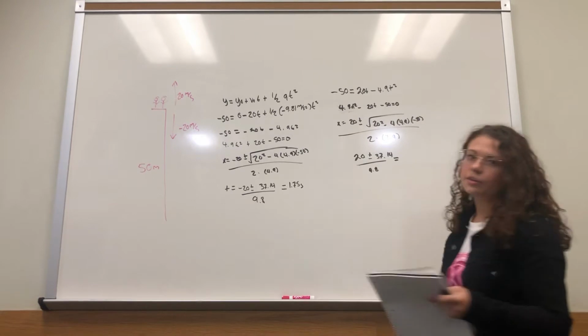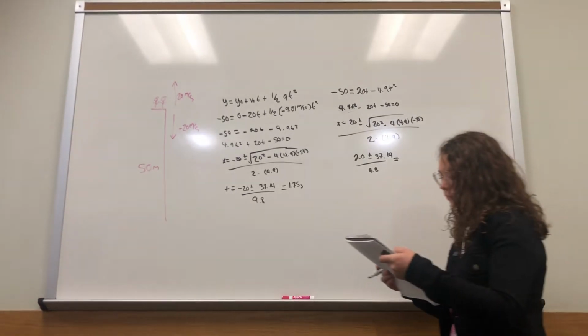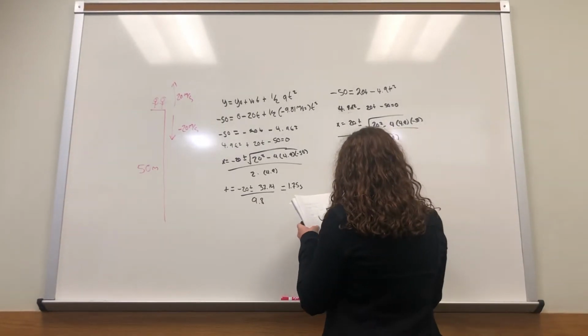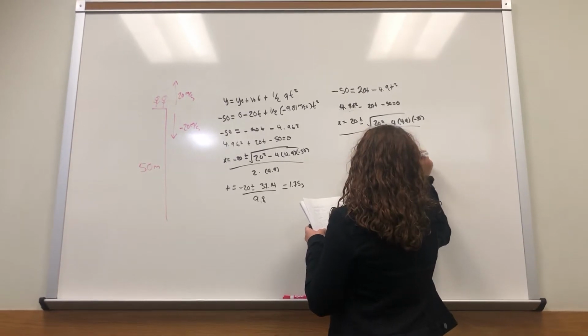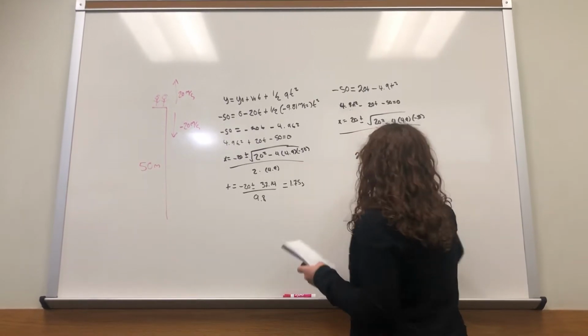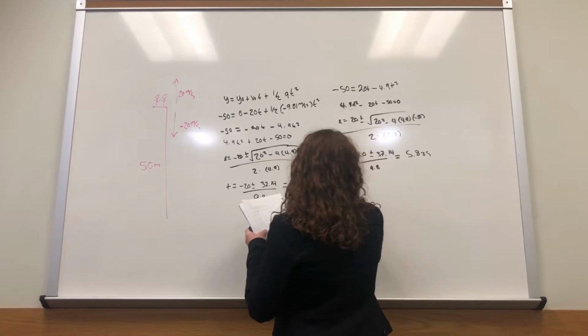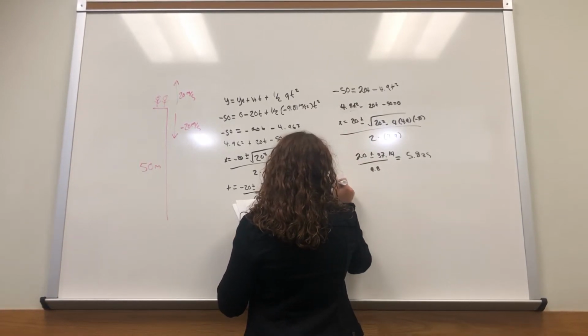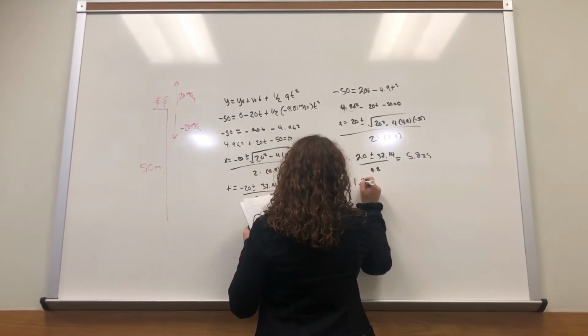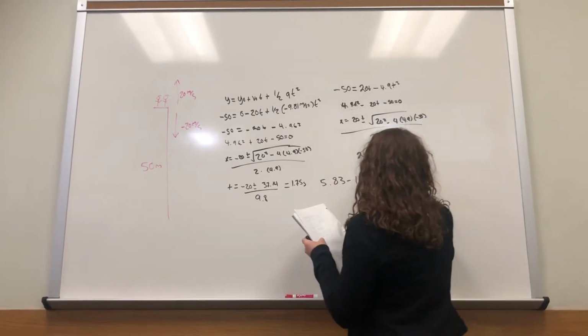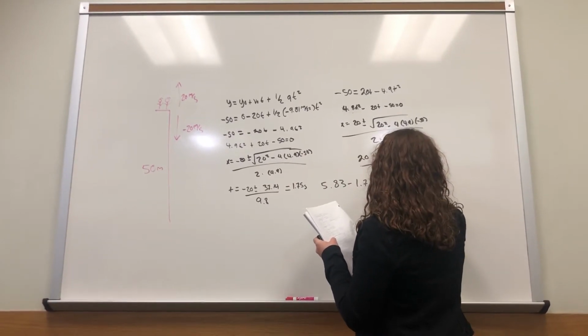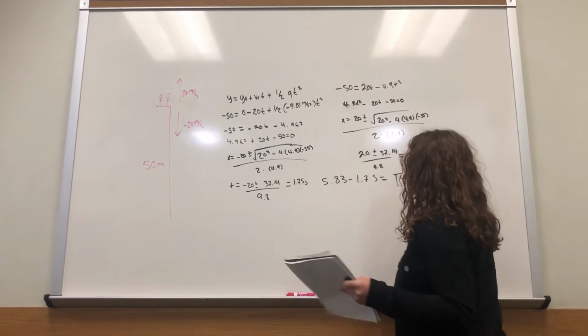And again, one of these values is negative and we won't use that one. So we get the time for this one is 5.83 seconds. And then it's asking for the time elapsed, so we need to subtract these. So we get 5.83 minus 1.75, and the time elapsed between them is 4.08 seconds. So that's for part A.